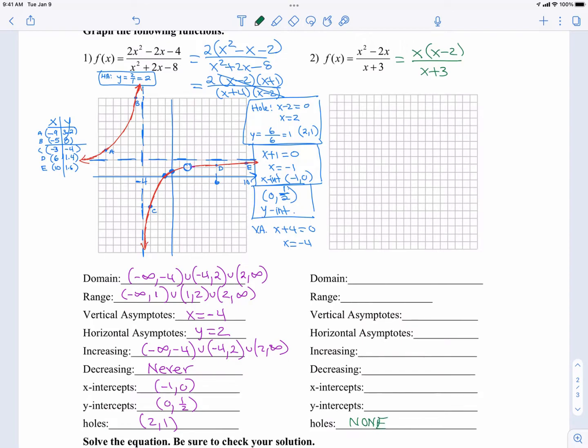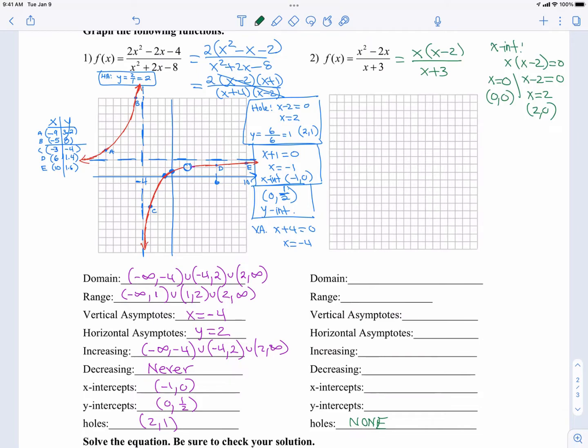All right, let's go for our x-intercept next. So to find the x-intercept, we set our numerator to equal 0. Okay, so the x-intercept, you'll take x times x minus 2 equals 0, and that's going to be two answers. It's going to be x equals 0, so you'll have an x-intercept at 0, 0, and you will also have an x-intercept when x minus 2 is 0, which means x would be 2, and your x-intercept would be 2, 0.